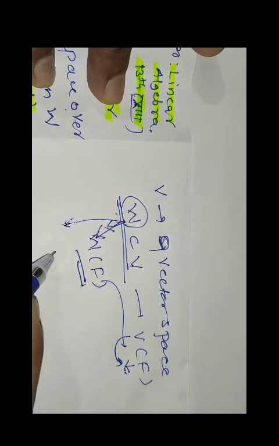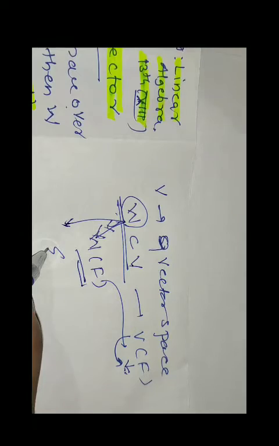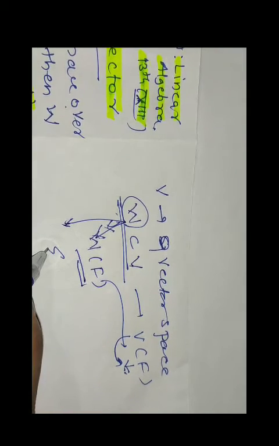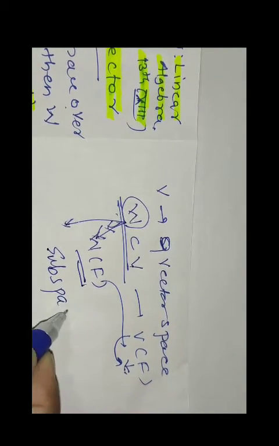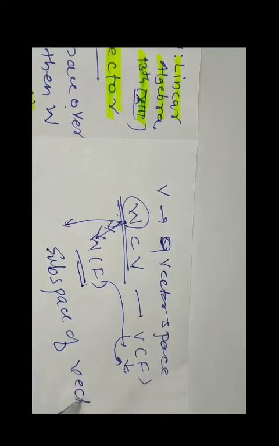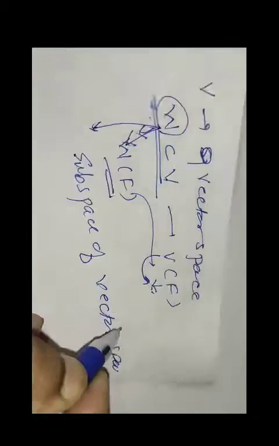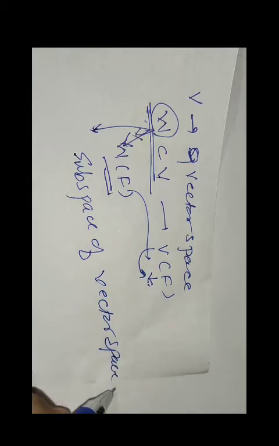Then W is called a vector subspace, or subspace of vector space.